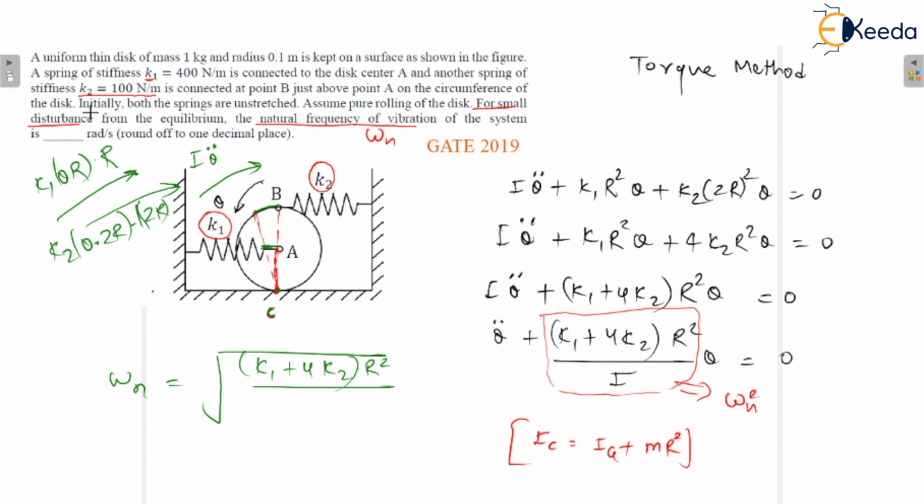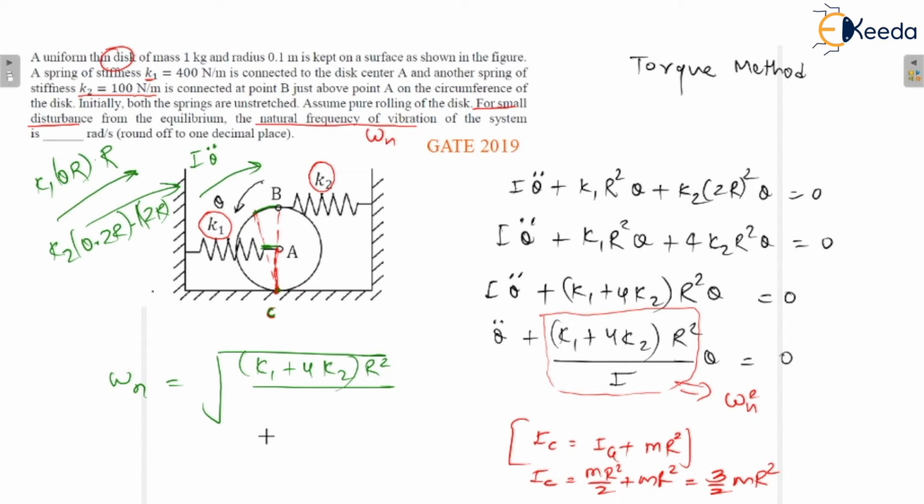This is a disk, as given in the question, and for a disk the moment of inertia about its center is mr square by 2. So mr square by 2 plus mr square gives IC equal to 3 by 2 mr square. This is the moment of inertia about the point of contact.